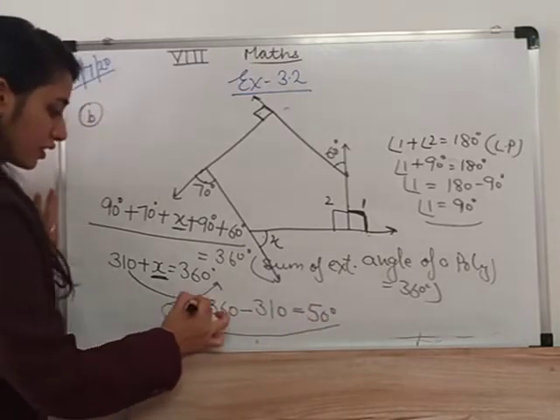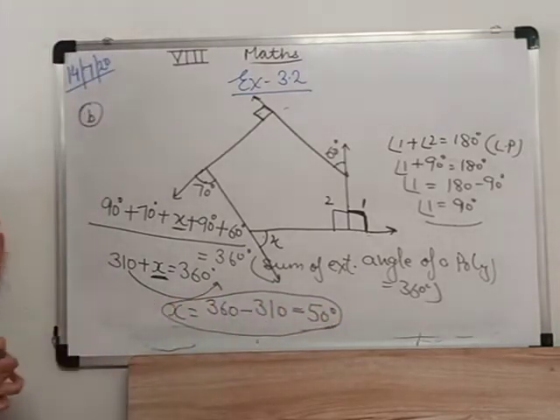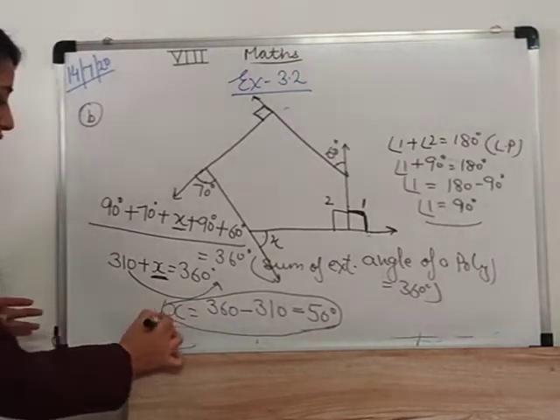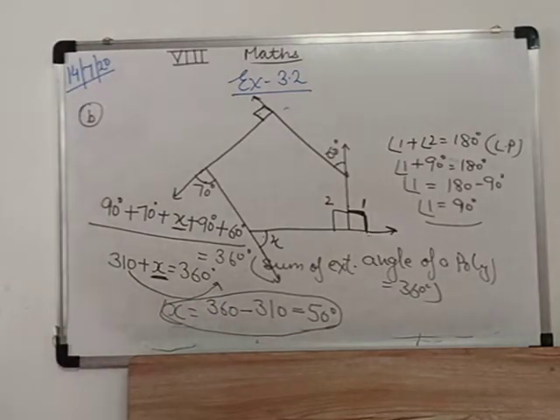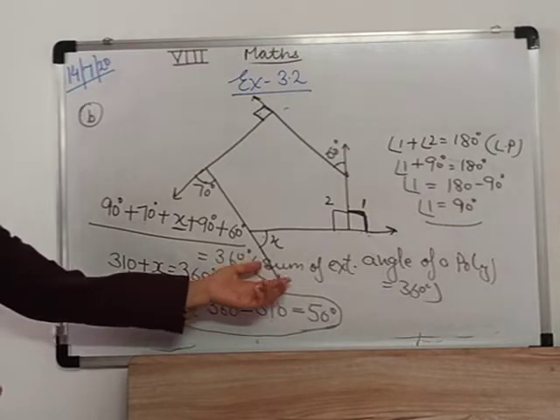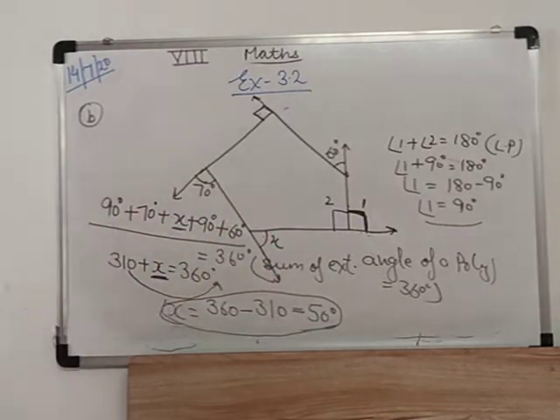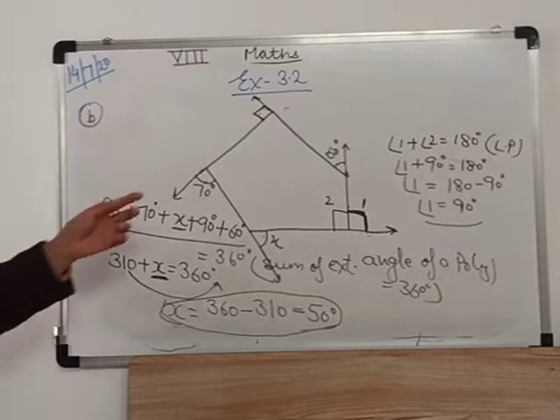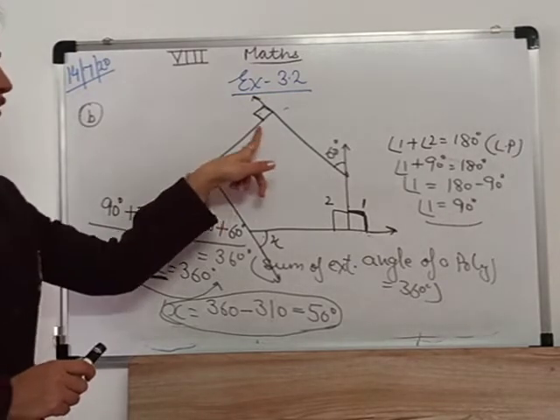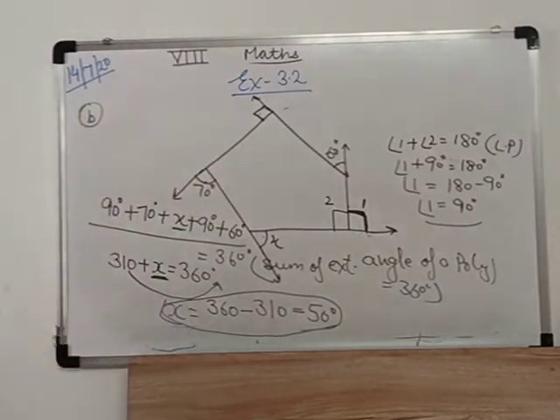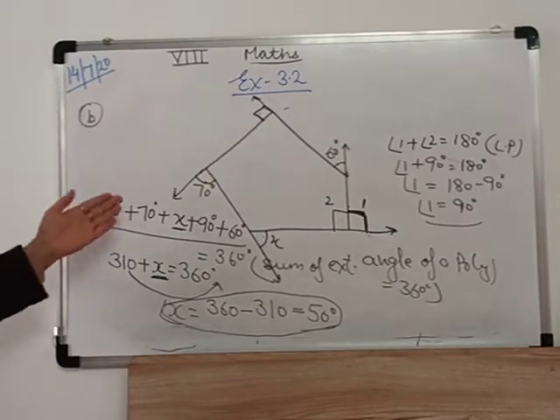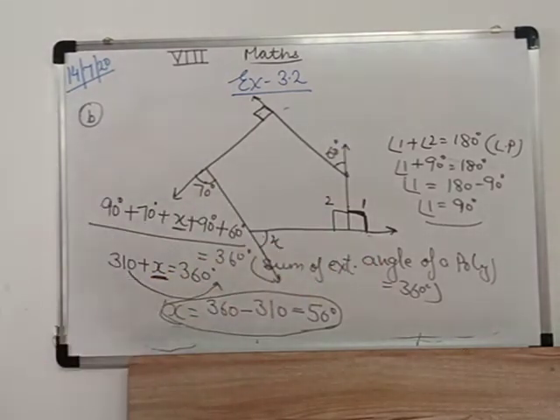So this is a very short and easy method for finding the value of angle X, equal to 50 degrees, by using the sum of exterior angles of a polygon is 360. When we solve this question by using linear pair, the question becomes too lengthy. So you can solve this question this way, in the short method.